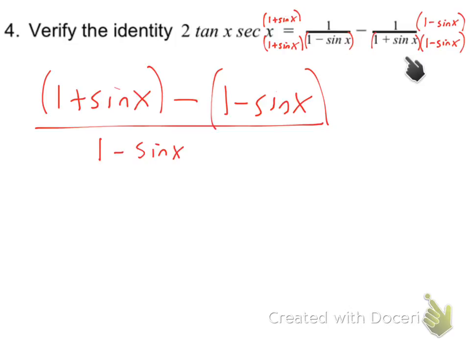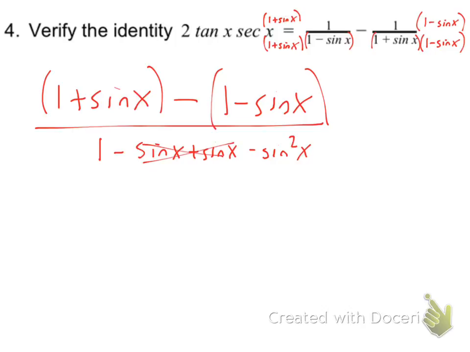Negative sine x. Sine of x times 1? Plus sine of x. And sine of x times a negative sine of x? Negative sine squared x. I can cancel all the middle terms. I think everybody should see that.